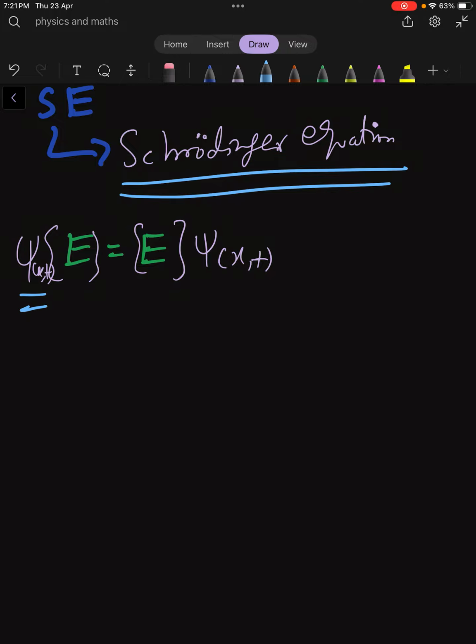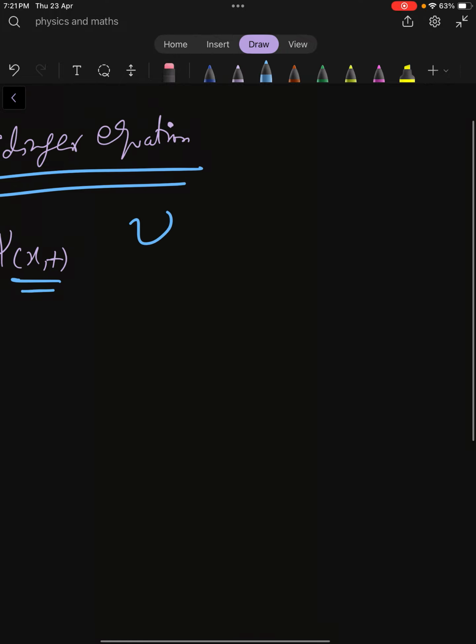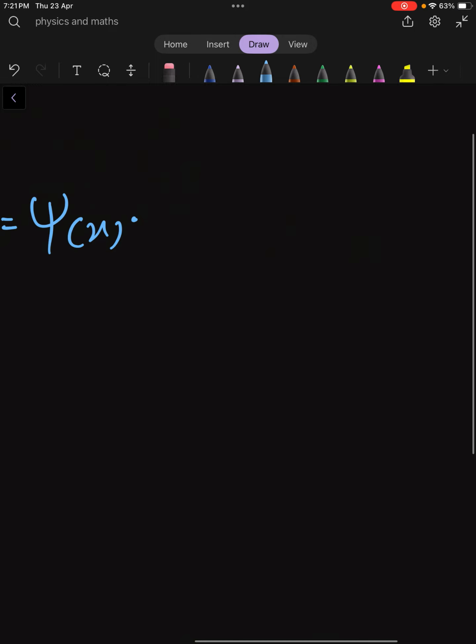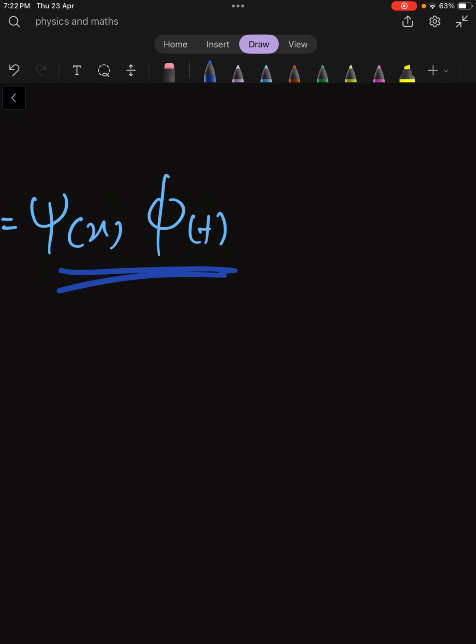And this psi actually can be written as psi equals psi of x times e to the power of minus i omega t. Or we can just remove this and write it like normal.